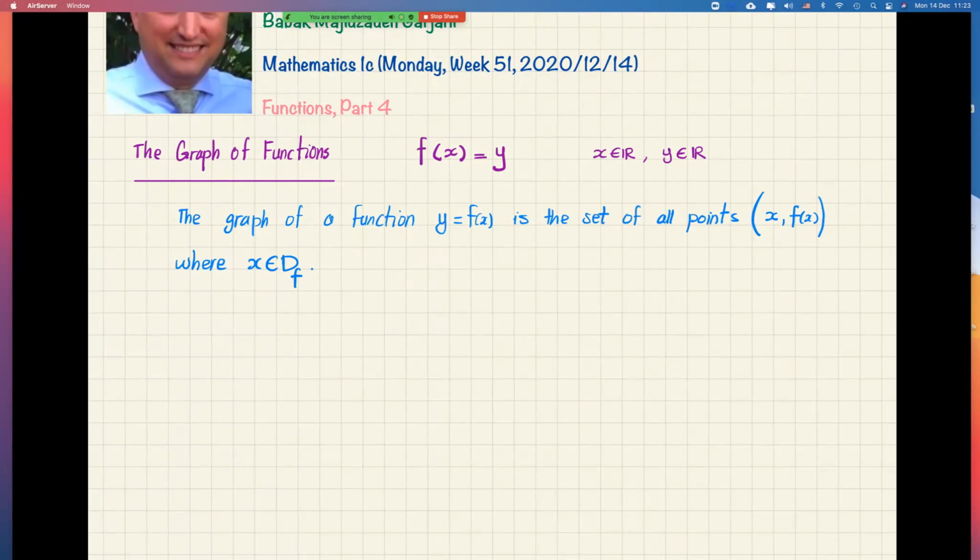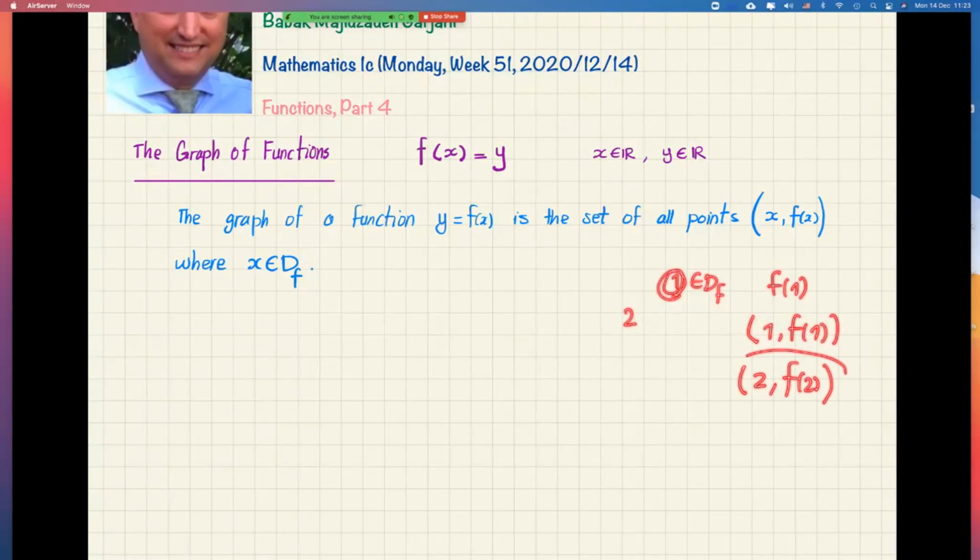So for example, if 1 is in my domain, I choose 1, I calculate f of 1, and one point would be 1 and f of 1. If 2 is another point in my domain, I choose 2 for the x coordinate, calculate f of 2, it gives me a number, and this gives me a point.